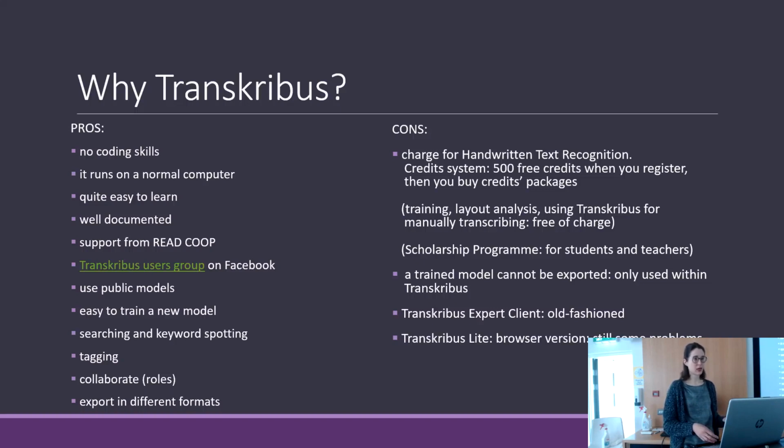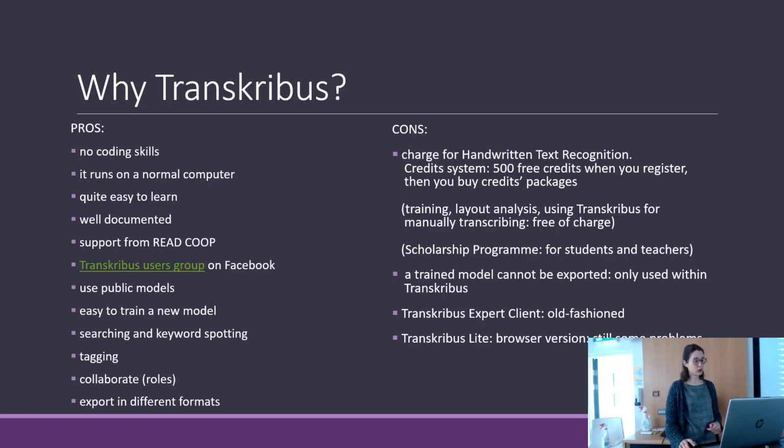But you can start to use public models, so models made available by Transkribus or by other researchers. And normally they are quite general models. So a model for 18th century English or 16th century Italian.